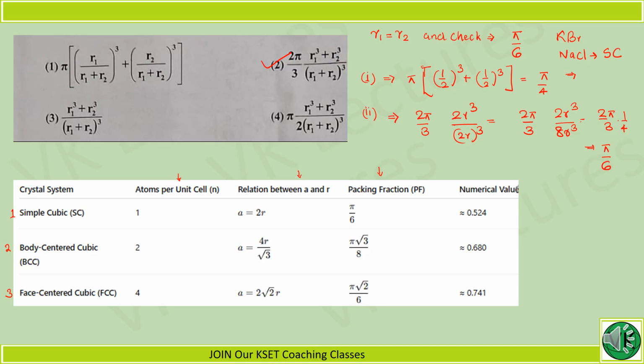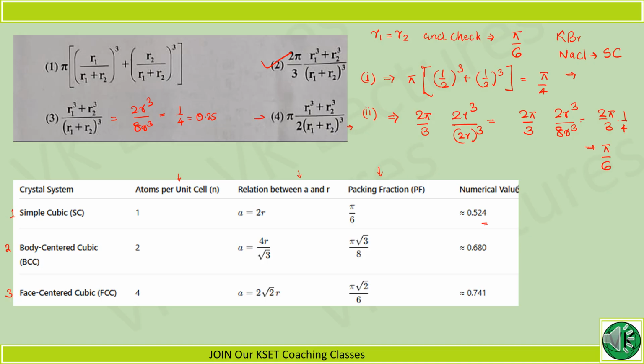You can also check with options 3 and 4. In option 3 there is no pi, so let's leave that, but you can also check it. 2R cube divided by 8R cube will be equal to 1 by 4, which is 0.25. The packing fraction in numerical value is around 0.5 for NaCl.